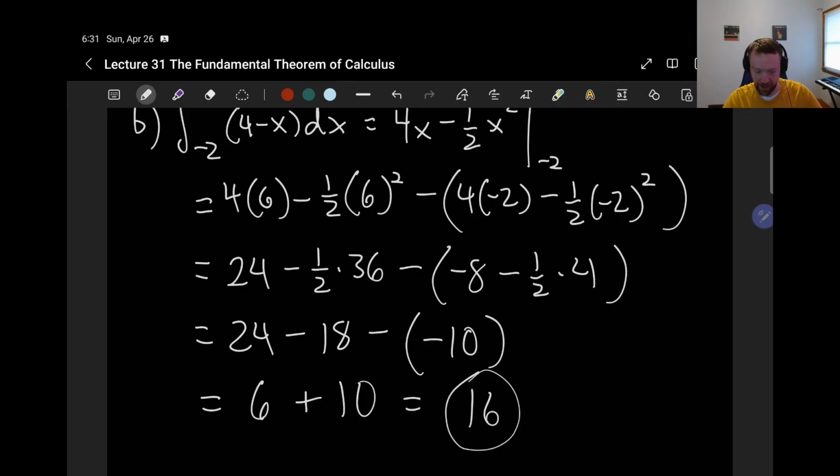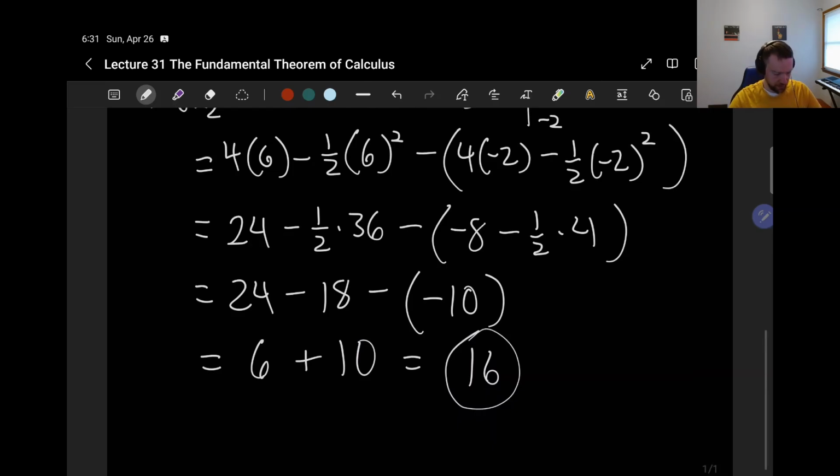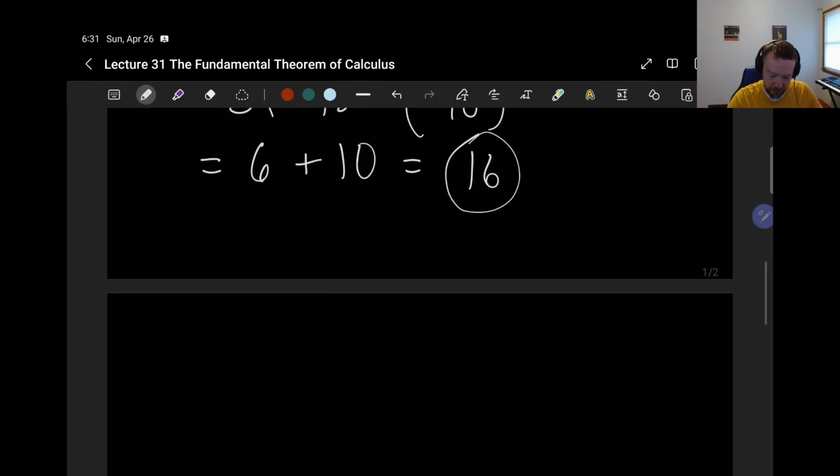And that is indeed the answer we got last time. You can check or go to the end of the previous video. So, a very convenient method. That is, if you can take the antiderivative easily. Now, that's not always something that we can do with ease.